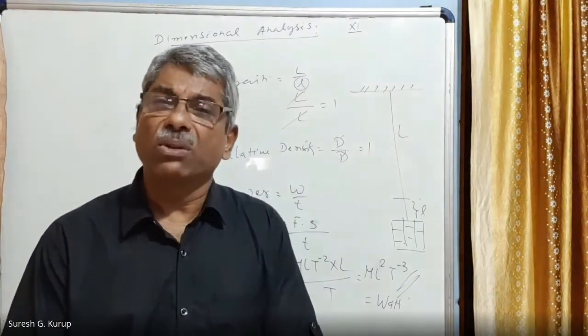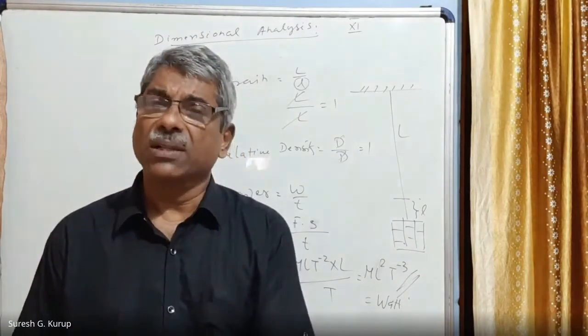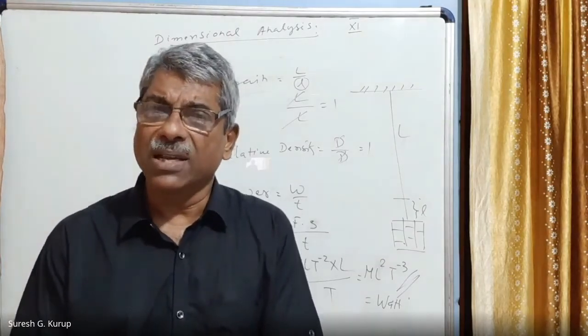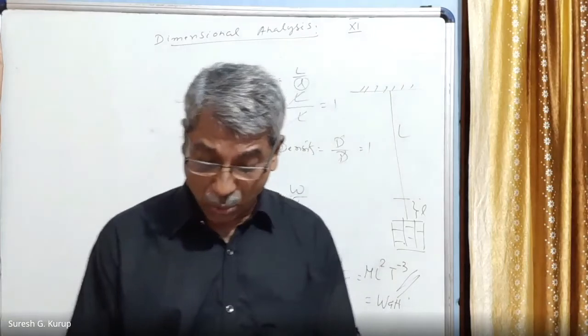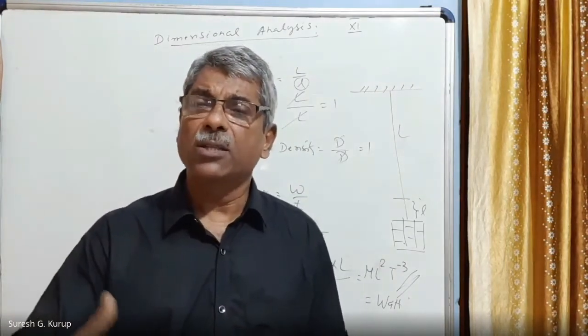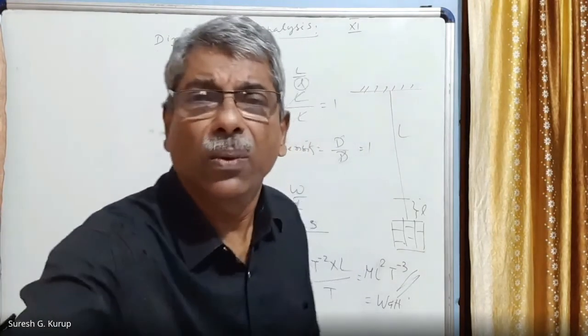Then derivation of a formula: a formula also can be derived using dimensions. These are the things we have to learn in dimensional analysis. That part I will teach you tomorrow, right? So use a reference copy also and find as many physical quantities as you can and write the dimensions. Thank you very much.